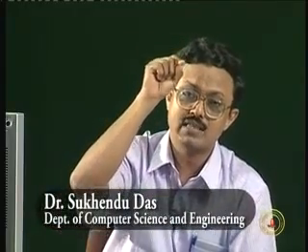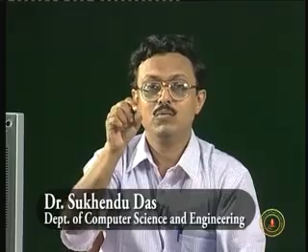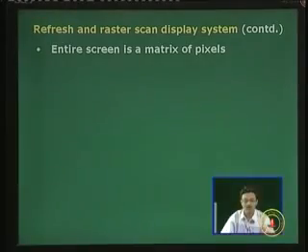Now, since we have to draw points, the points are at specific locations on the screen. So now I want to draw a point at a coordinate x comma y inside the screen. I must access only the corresponding pixel, which is a small dot on the screen, which illuminates when an electron gun fires an electron beam at the spot on the screen. The point starts glowing. So essentially there are a few million points on the screen, which we call a matrix of pixels.